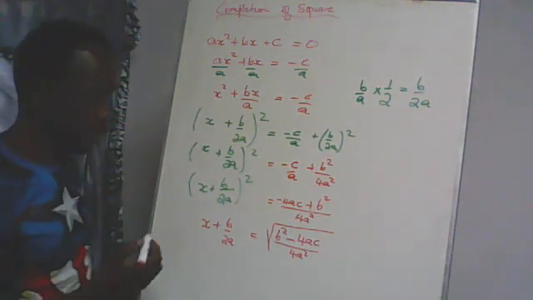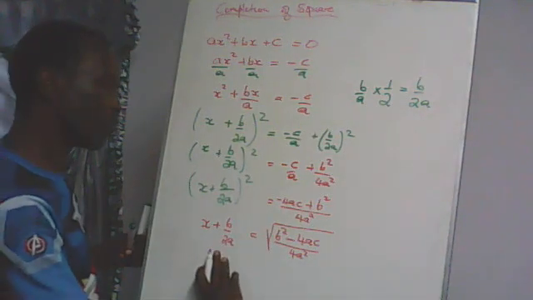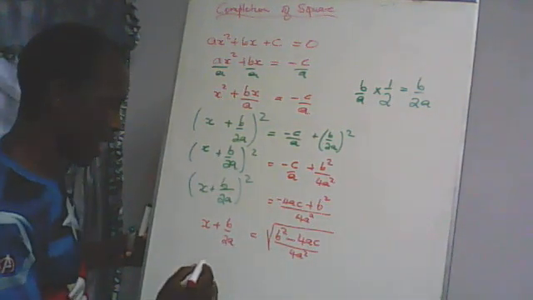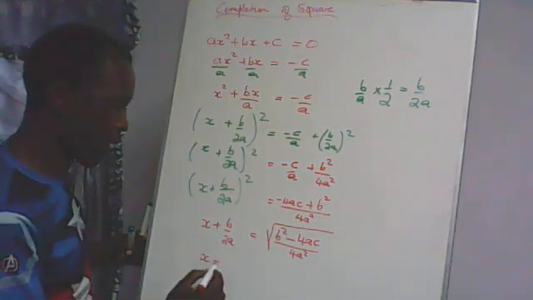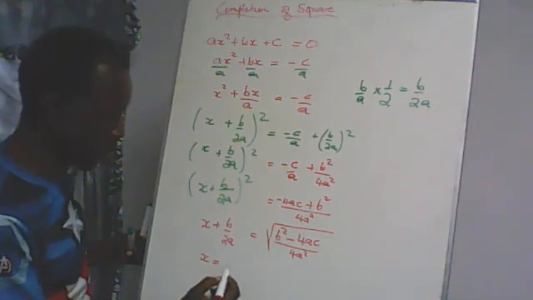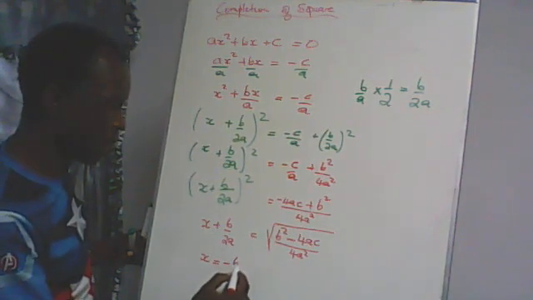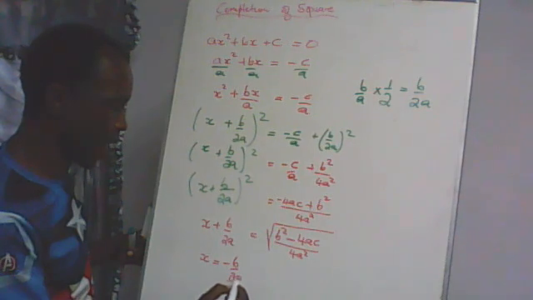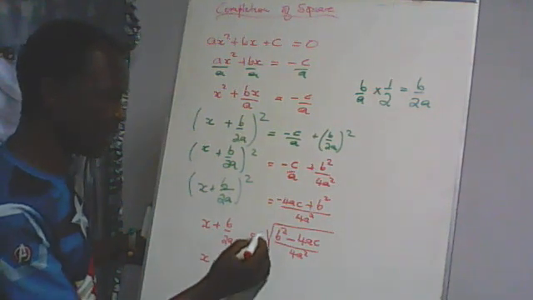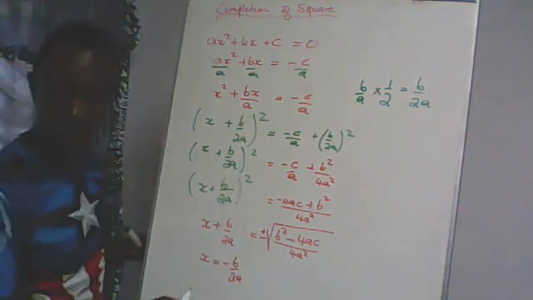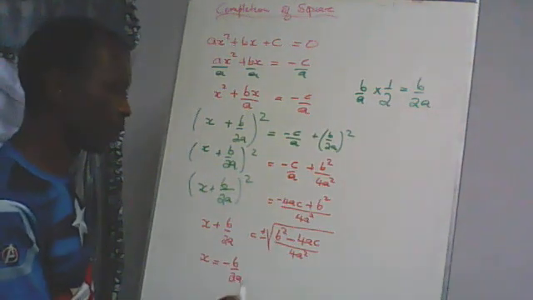Now guys, let's check this. When you transpose this to that side, what are you left with? We are left with x is equal to minus b over 2a. Then this is plus minus, guys. Don't forget to write the plus minus.